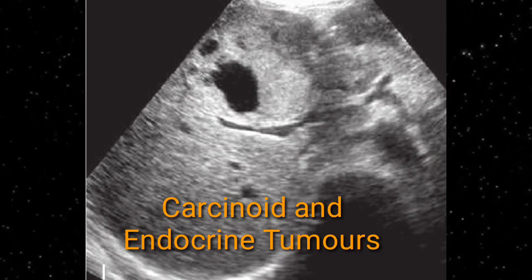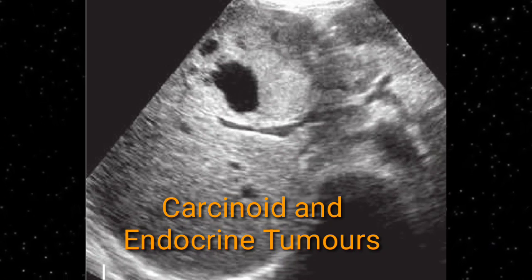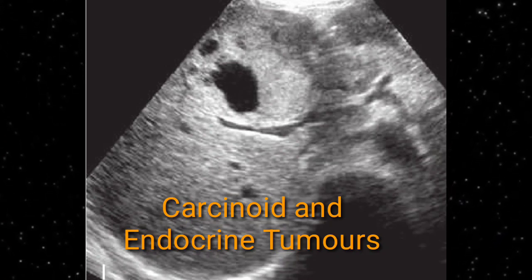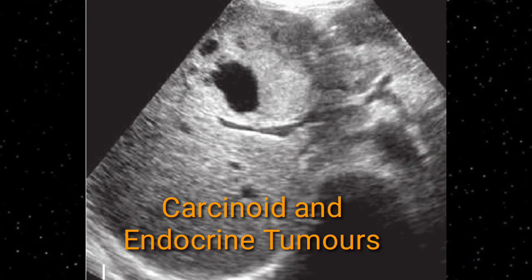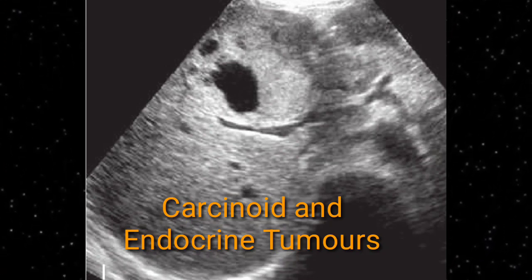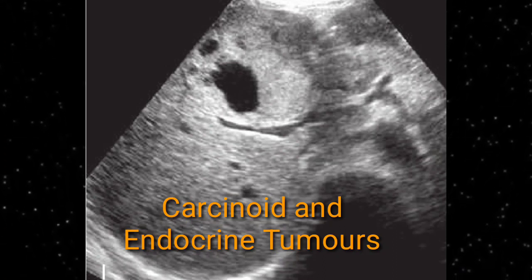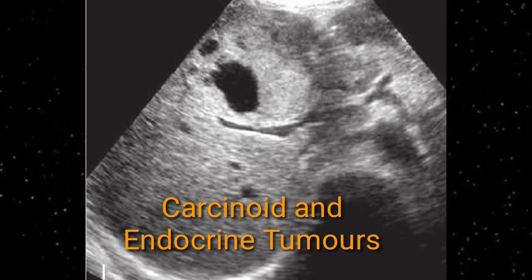But if you look at the response of interface, you can appreciate that it is thick and that area becomes hyperechoic. Always be careful with cystic lesions within the liver. Take history of previous illness, recent surgery, and other imaging reports if there are any.